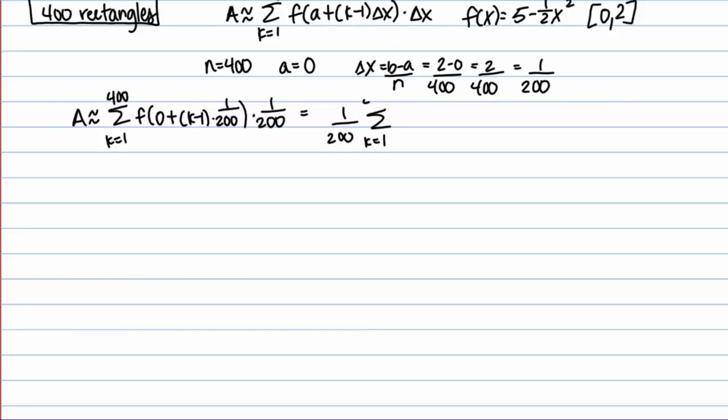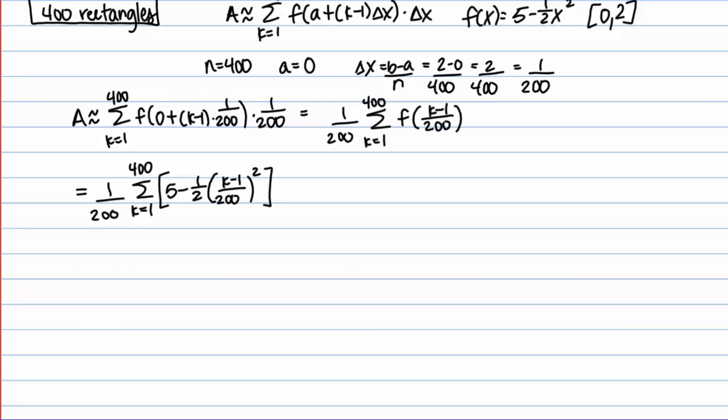So I end up with f of k minus 1 over 200 inside the summation. What this notation means is to take this k minus 1 over 200 and plug it into my function. So I still have my constant out front and my summation, but I'm plugging in k minus 1 over 200 for x. So I have 5 minus 1/2 times k minus 1 over 200 quantity squared.